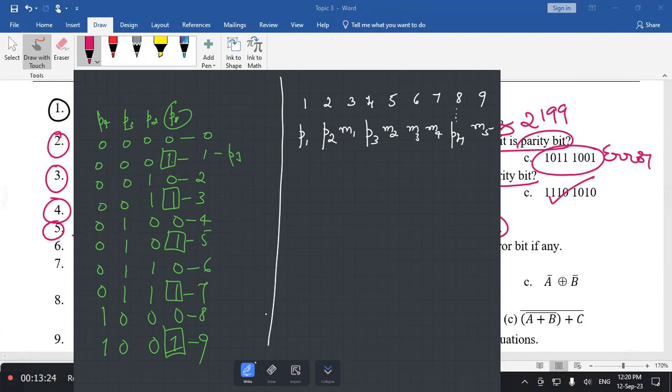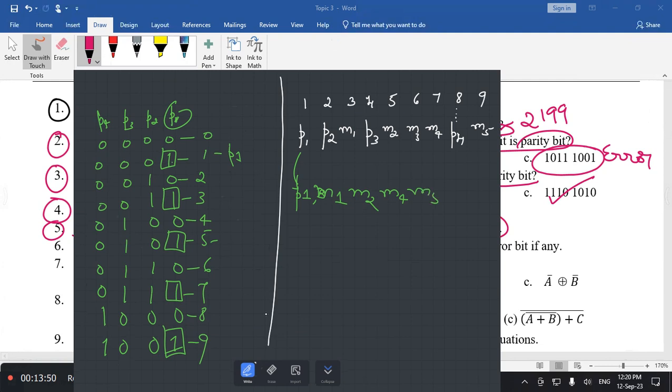Now see here. P1, next, bit P1, comma, third position. What is there in third position? M1. What is there in fifth position? M2, right? What is there in seventh position? M4. What is there in the ninth position?